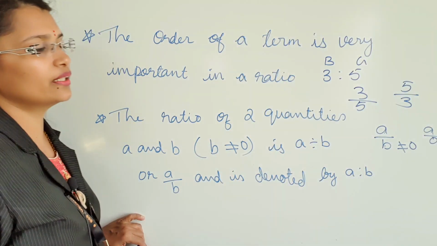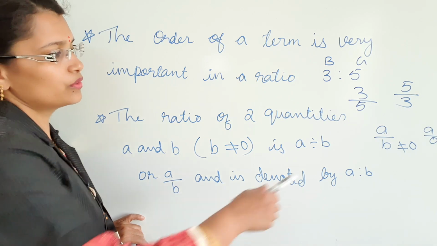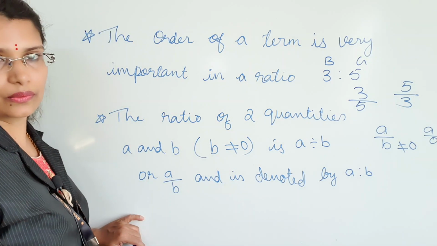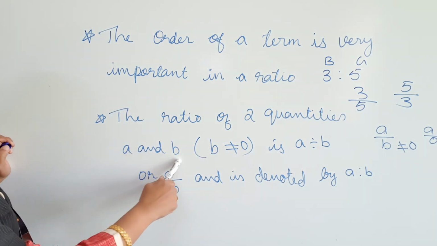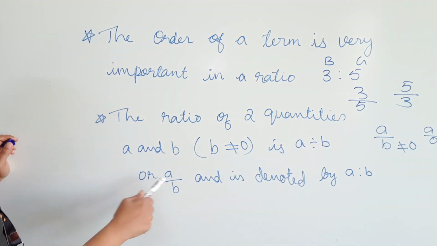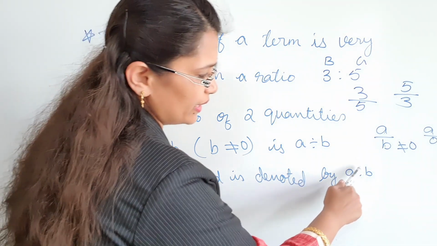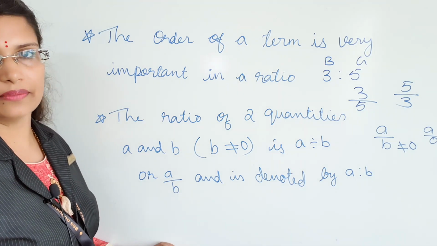How can you divide 2 by 0? Is it possible? No. So, B should not be equal to 0. Understood? The ratio of two quantities A and B, B not equal to 0, is A divided by B or A by B, and it is denoted by A:B. That means A is to B.